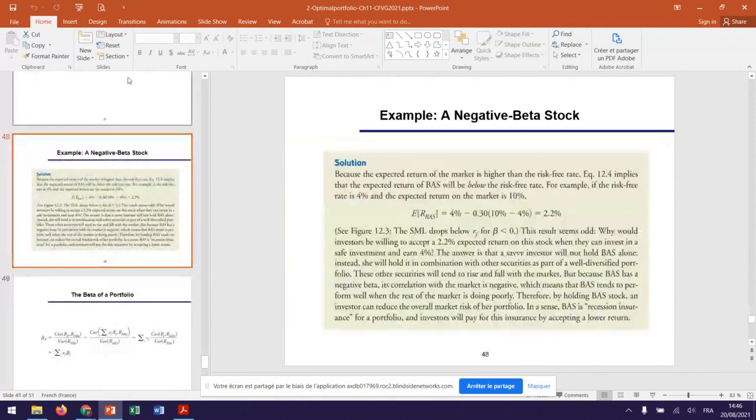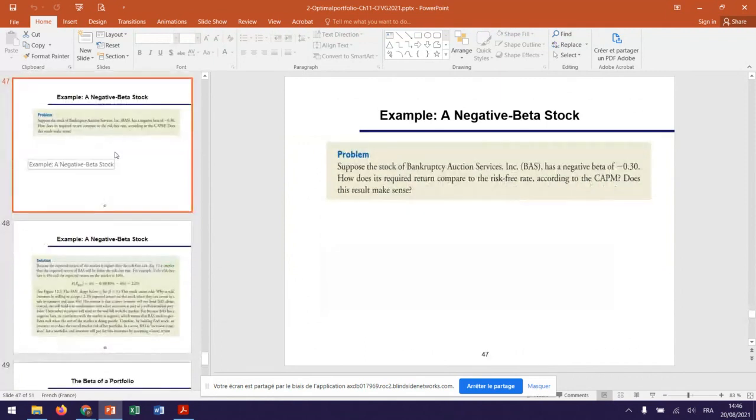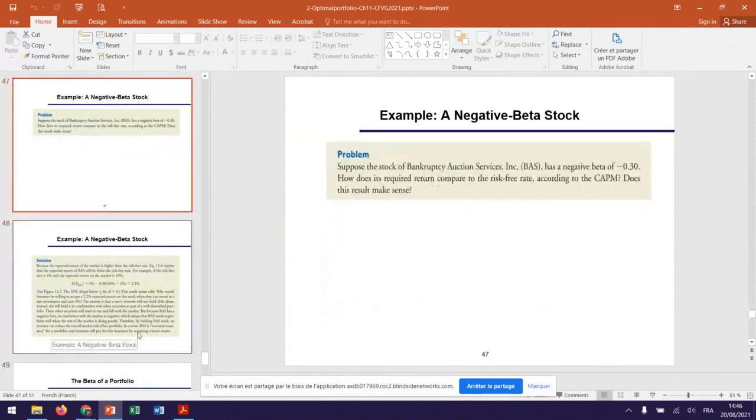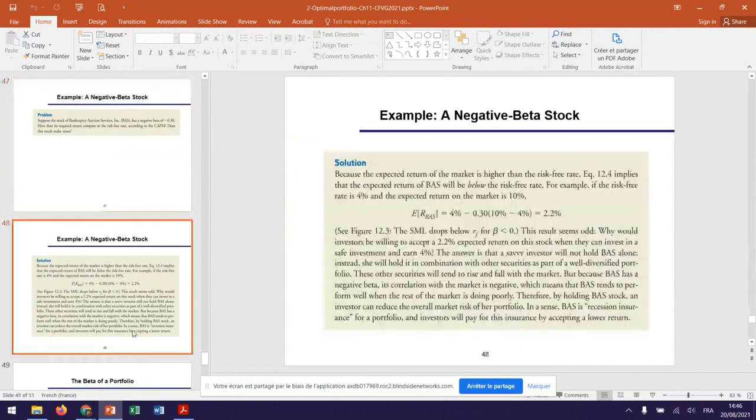Obviously, the company is what? Bankruptcy auction service. What does the business do? They have more business when the economy goes badly, isn't it? So therefore, because the expected return of the market is higher than the risk-free rate, it implies that the expected return of BAS will be below the risk-free rate.